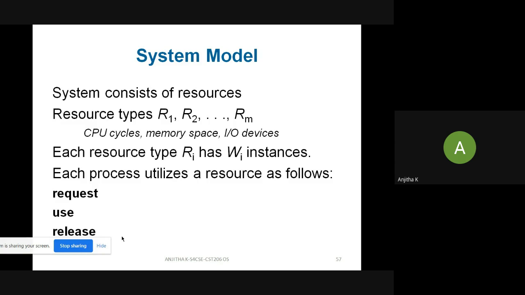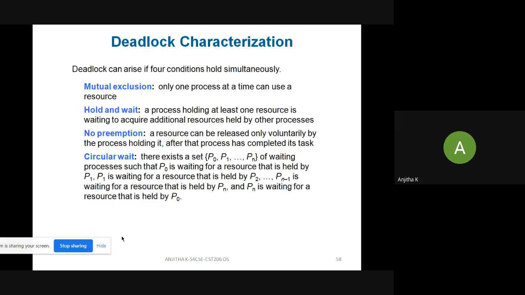Release means after completion, it should release the resource so that some other process can use it. After the use is over, they have to release that particular resource so that other processes can access it. So these are the three steps for accessing a resource: first request, then use, then release. This we have discussed.